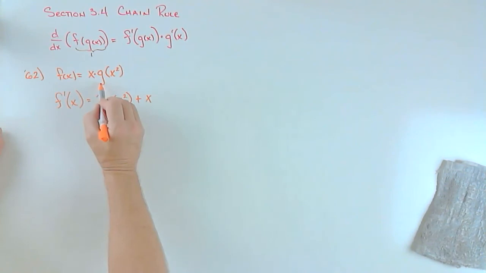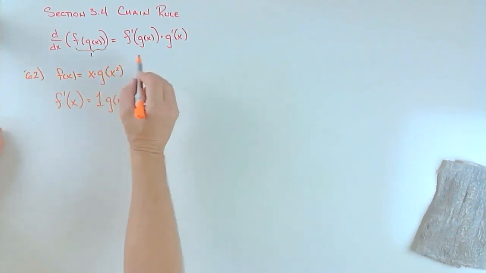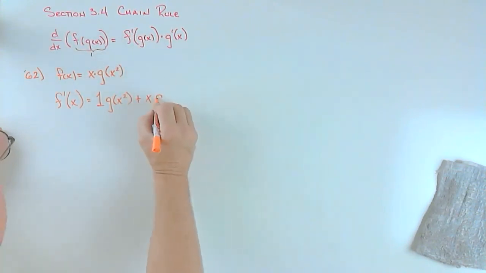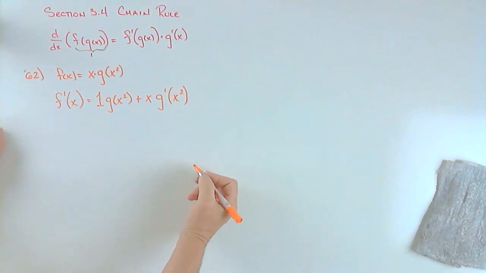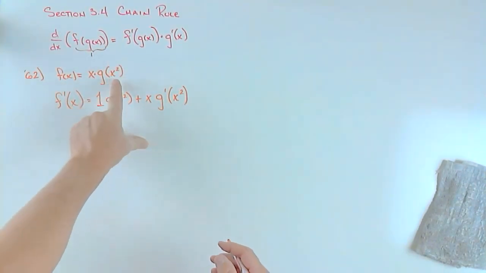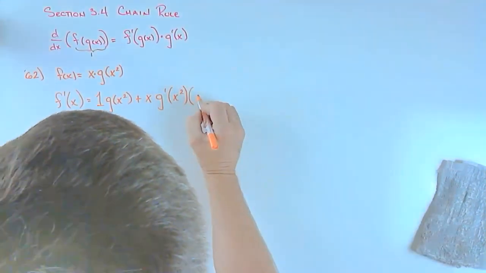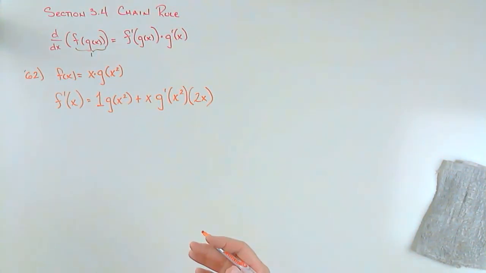Now we have a function on the outside and a function on the inside. The outside function is g, so we take its derivative first. So we get g prime, we leave x squared alone. All right, because that's what it says. Outside function, leave the inside function alone. Times, sorry, times the inside function's derivative. And so we're left with this.